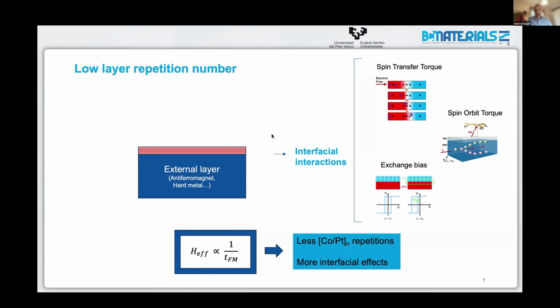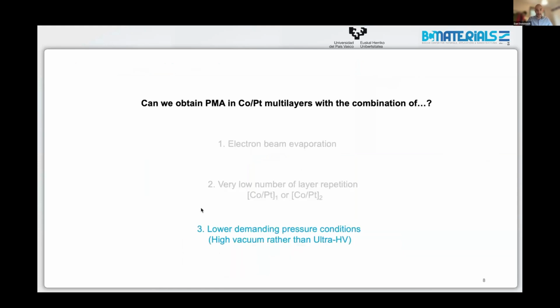ferromagnetic stack. And finally, maybe this is the most unexplored condition of all three, is to move the fabrication conditions, the pressure conditions during deposition, from ultra-high vacuum conditions to high vacuum conditions.